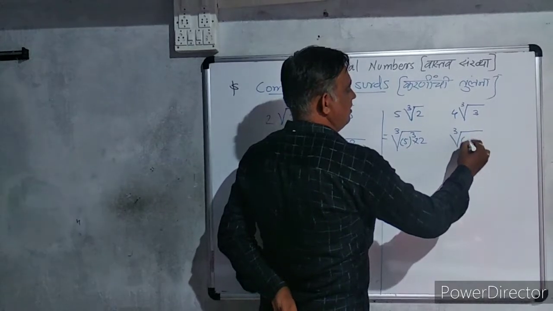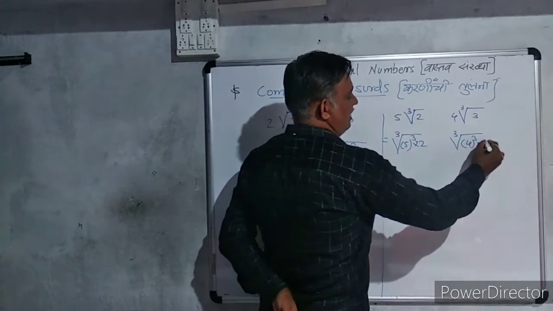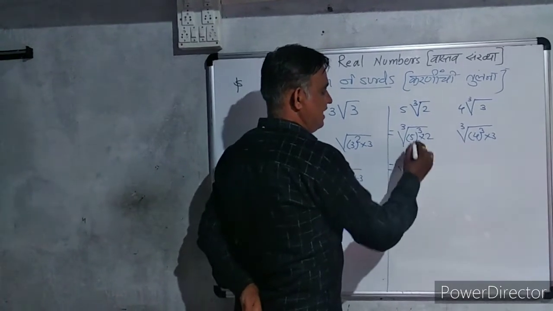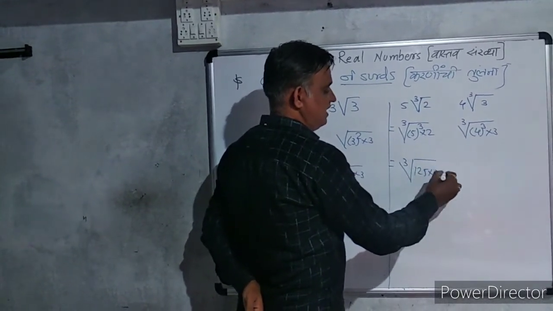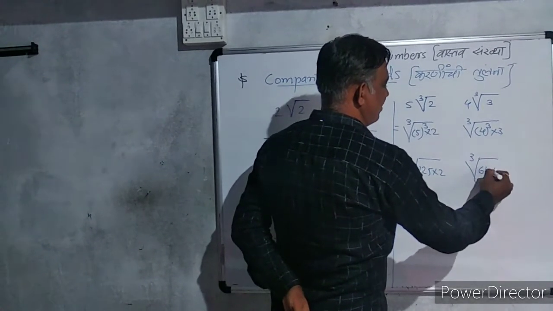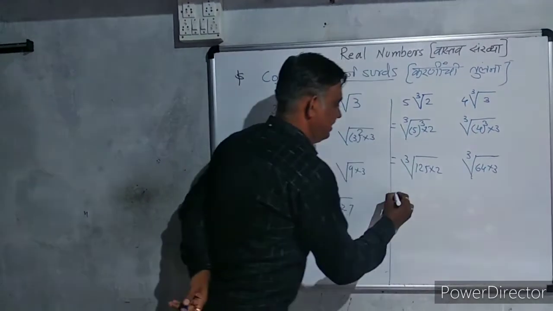Similarly, 4 cube into 3. 5 cube is 125, 5 चा घन 125, and 4 cube is 64, into 3.